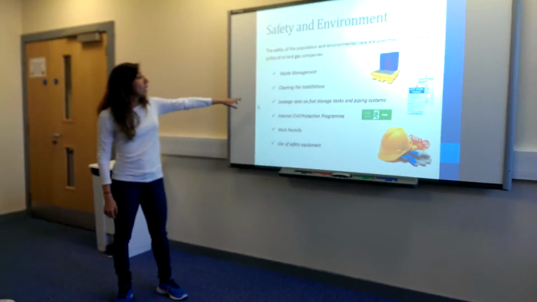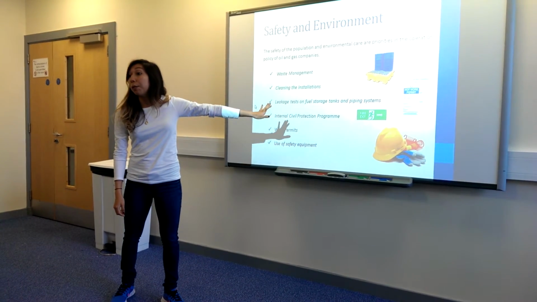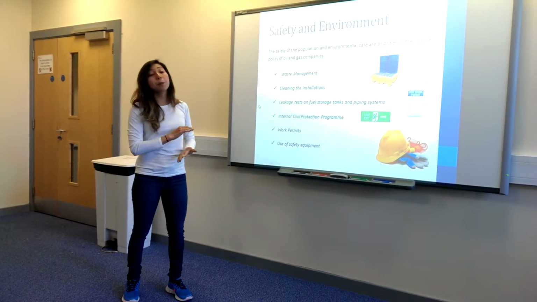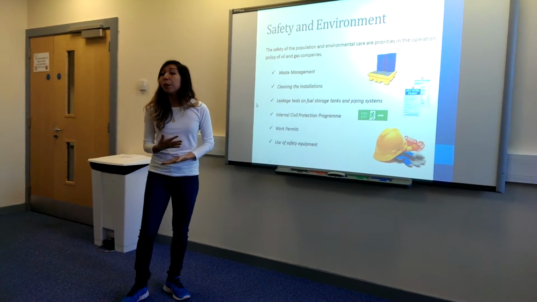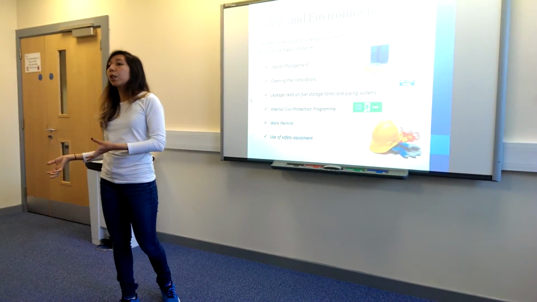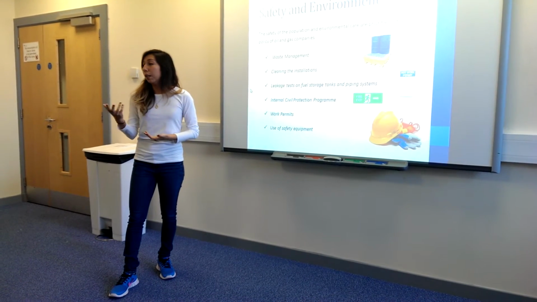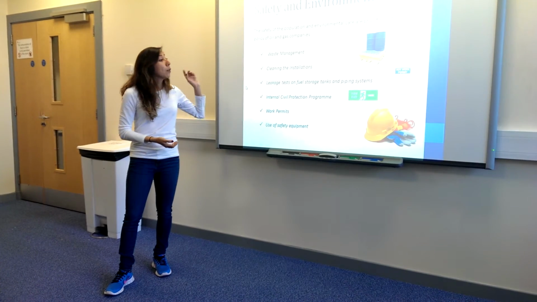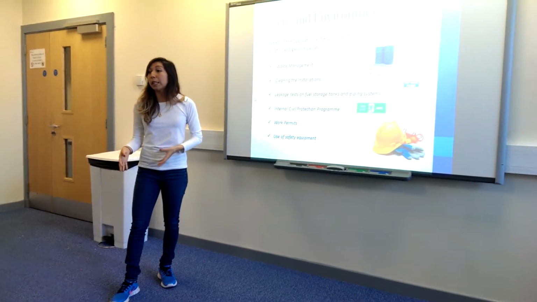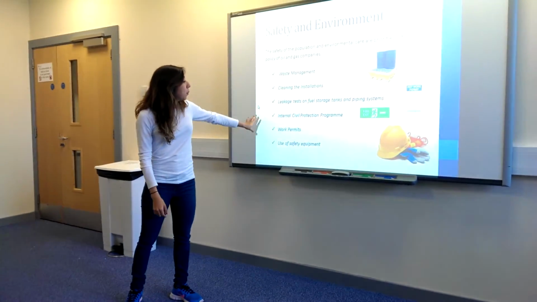Now we're going to do a leakage test on our systems and tanks. It will be a hermetic test, run maybe once a year. Then there is the internal civil protection program, which is very important since, before we take our workers to the installations, we have to provide them with safety knowledge, like where the fire exits are, how to use the extinguisher, and how to use the safety equipment in case of an incident.